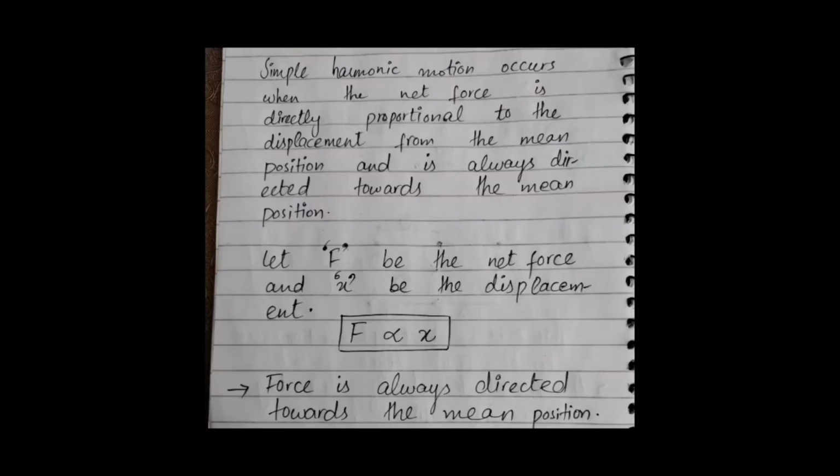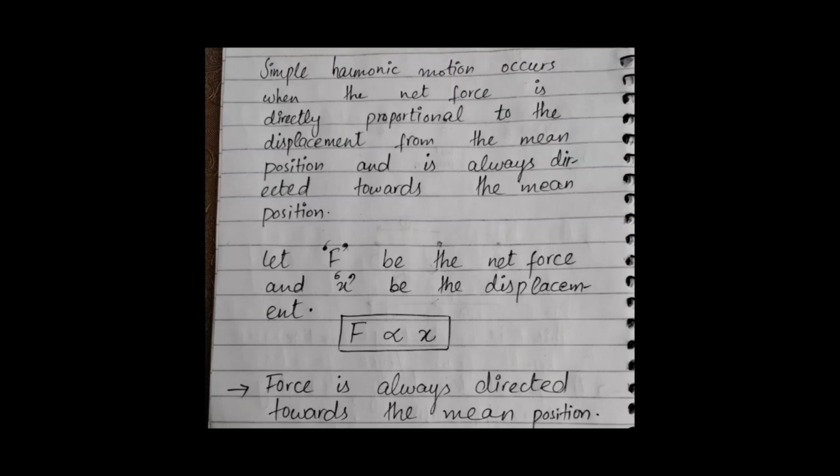There are two conditions of simple harmonic motion. By which motion can we say that this is simple harmonic motion? If the net force or resultant force depends upon displacement, that means if we increase the force, then displacement will also increase, and if we decrease the force, then displacement will also decrease.